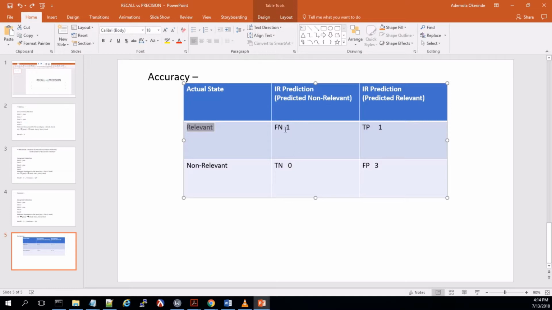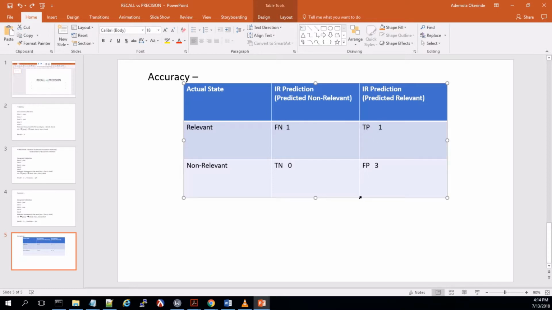Here the IR system says it is non-relevant, and we too say it's not relevant, so there is a match. We call this true negative. And here the IR system is saying it's relevant, and we are also saying it's relevant, so this is truly positive. This is referred to as true positive.